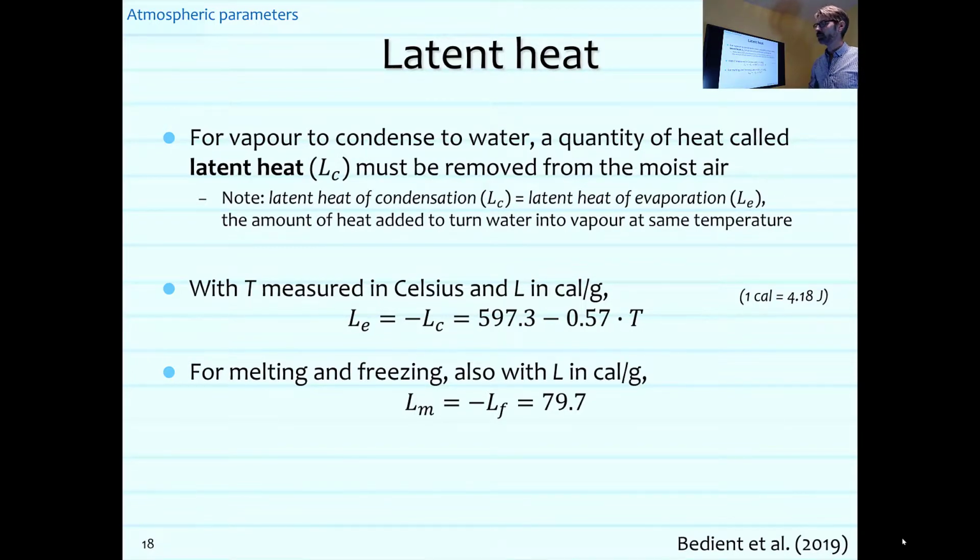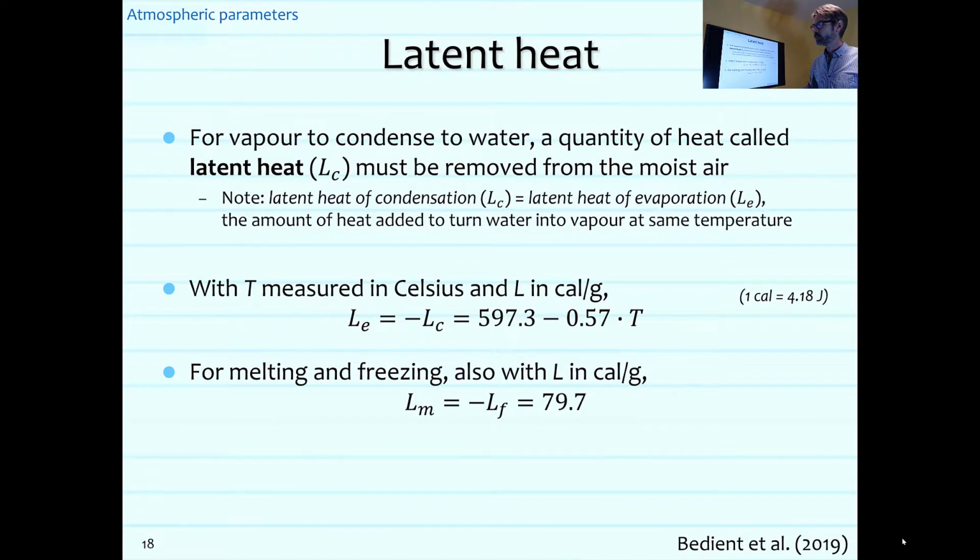It represents the amount of energy that needs to be used, for example, to evaporate or boil liquid water, or to condense vapor into liquid water again, depending on whether you're using LE or negative LC. And you can see another interesting thing here, which is that as you get closer to 100 degrees, you get a lower energy requirement, which makes sense.